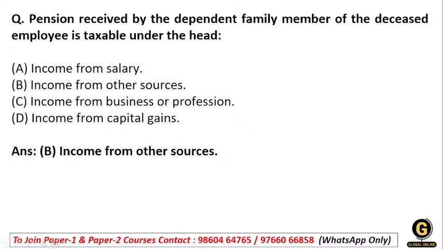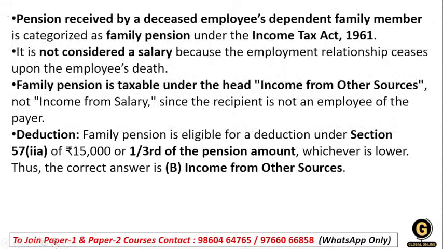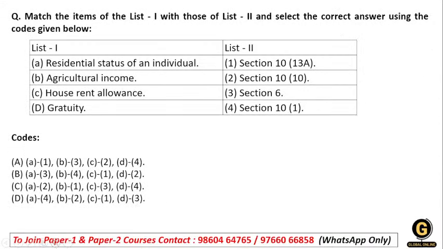Then the next question is match the pair. List 1 is the description and list 2 is about the section. So it asks which section covers which thing. The first one is the residential status of an individual.